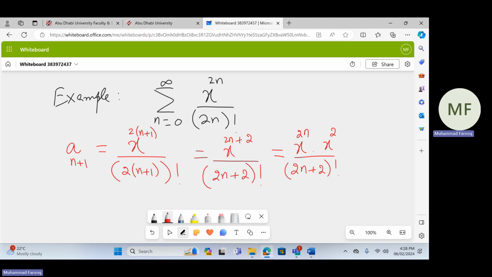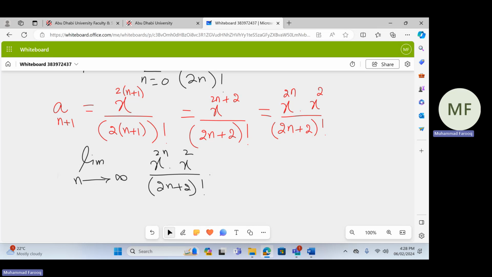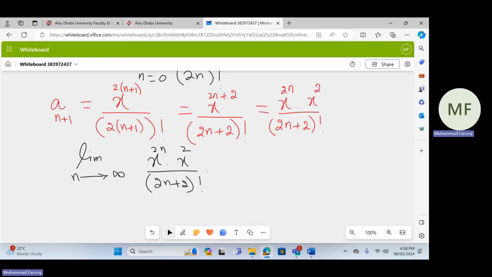Okay, now divide this by the original term. When you say divide, that becomes multiply, it will flip. Reciprocal, you're right. So let's now apply the ratio test: limit as n goes to infinity of x to the power 2n times x squared divided by (2n plus 2) factorial, times 2n factorial divided by x to the power 2n, with absolute value.